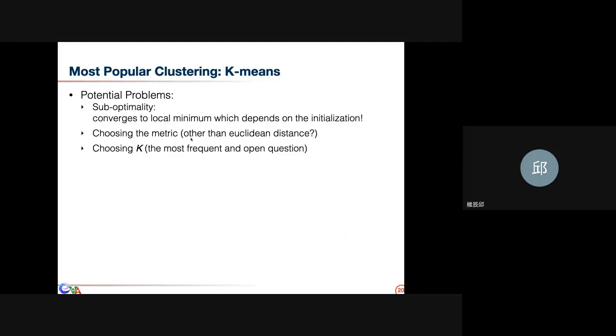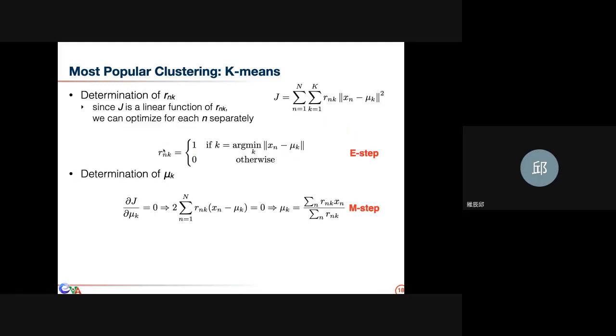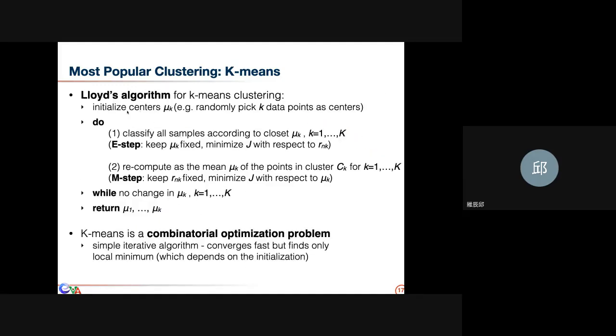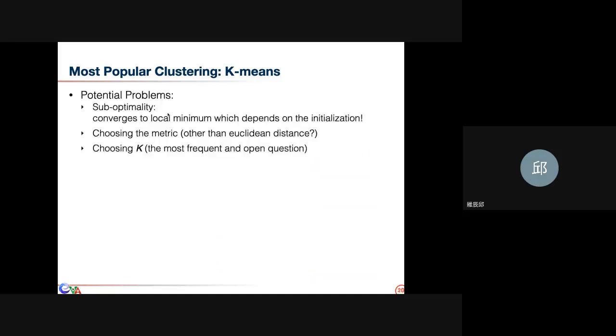So you need to choose the metric for similarity. And the third problem is that you need to choose K. As you can see from this algorithm, you need to first initialize the centers mu K. When you initialize the centers mu K, that means you need to first decide how many clusters you want to have in the end. So you need to choose the number of clusters K.